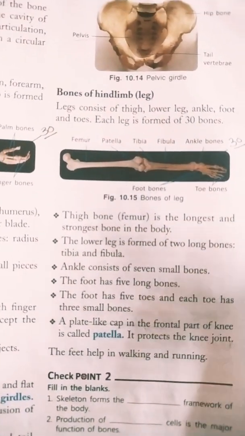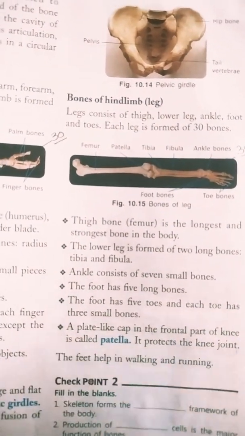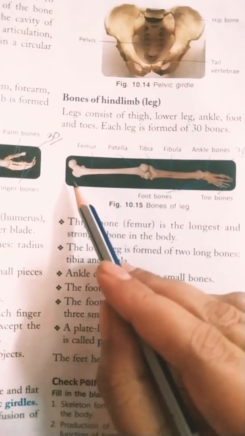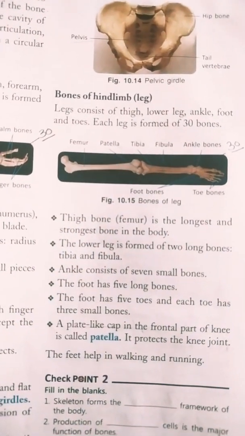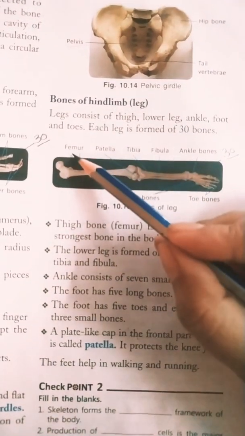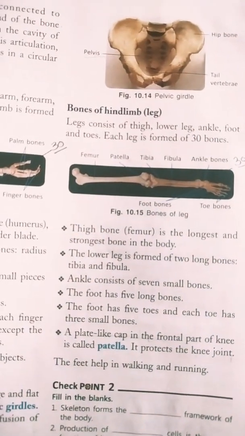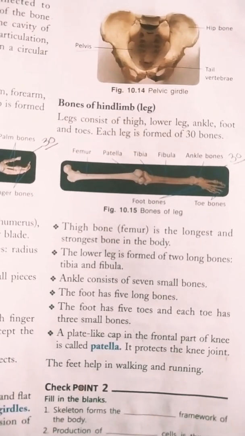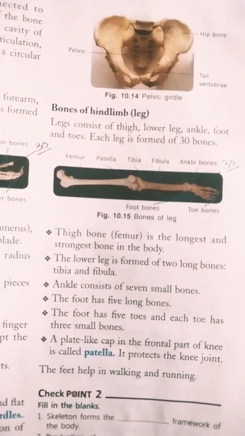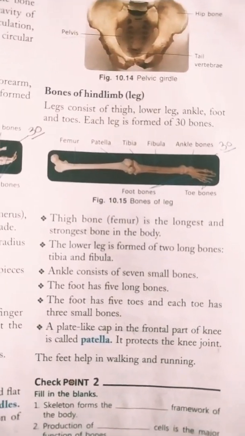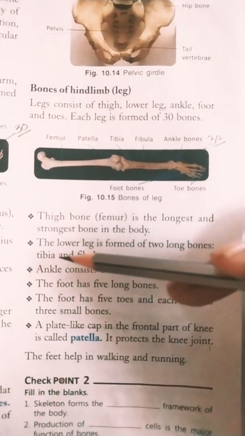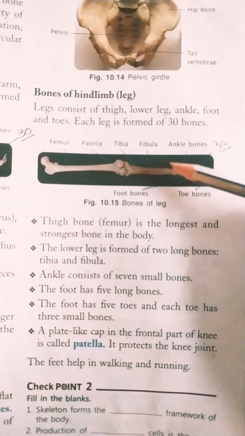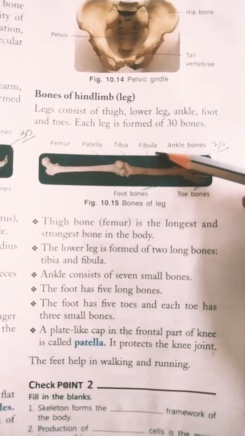As you already studied in class 5th, the thigh bone is the longest bone of our body and its name is femur. It is also the strongest bone of our body. The lower leg is formed of 2 long bones called tibia and fibula.